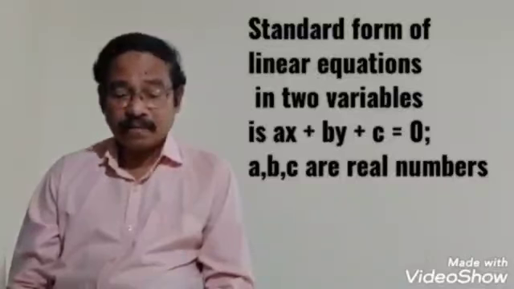That is the general form. And we have seen linear equations in one variable and two variables, how to express them in the standard form and to find a, b, c. A linear equation in two variables is also known as a simultaneous equation because two equations we need to solve.